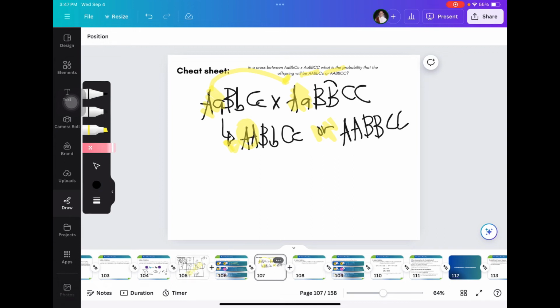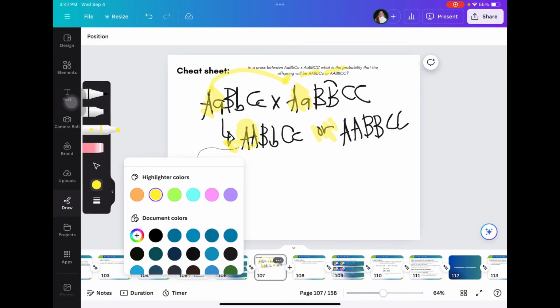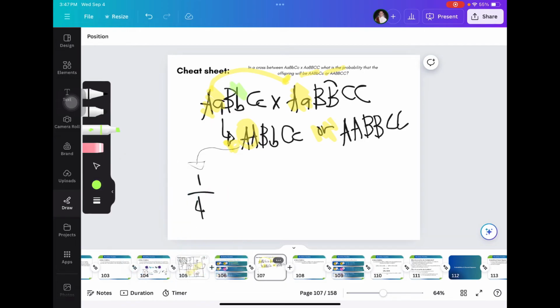Okay. So technically, the answer in this one is 1/4. Now, we're not yet done because we still have two remaining traits left. I'm going to calculate this one as well as this one. As you can see, this is a cross between a heterozygous parent and a homozygous parent. And what are the odds that they will be producing this, which is heterozygous?